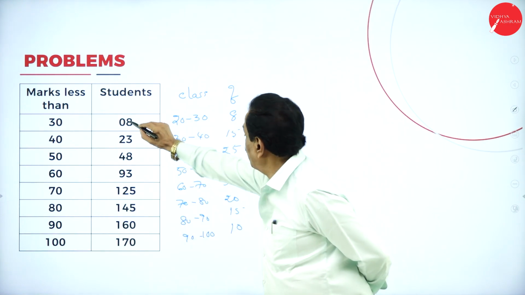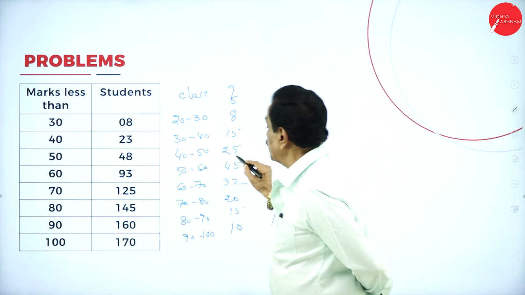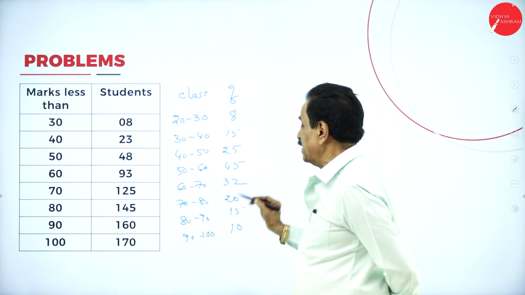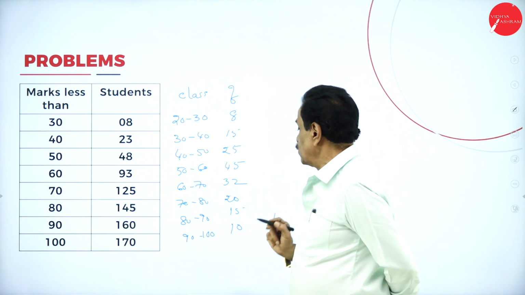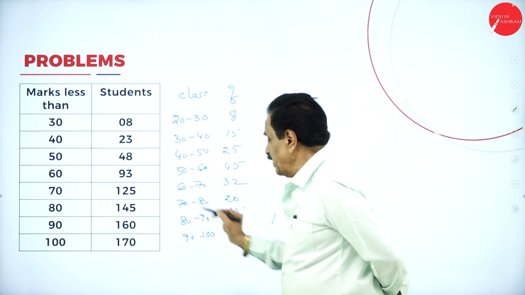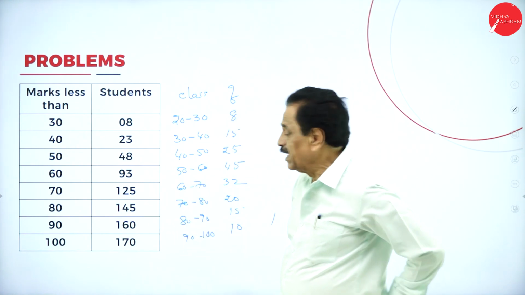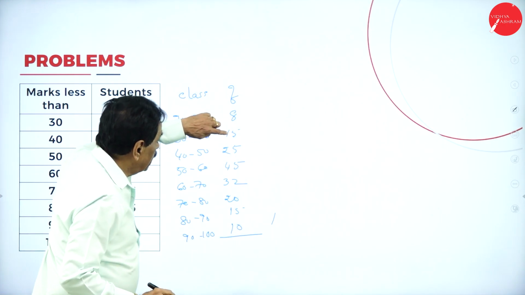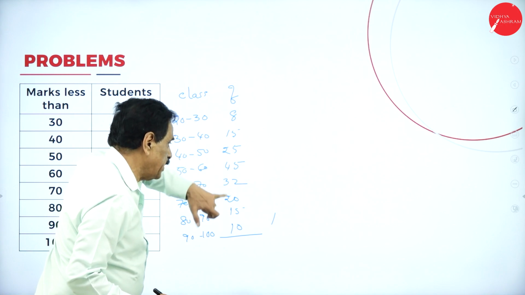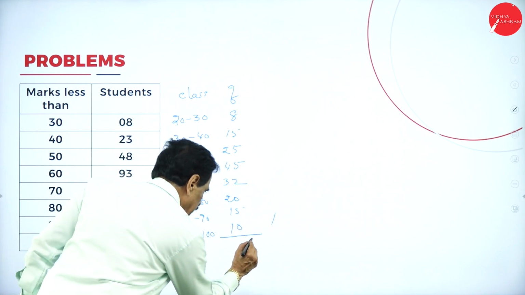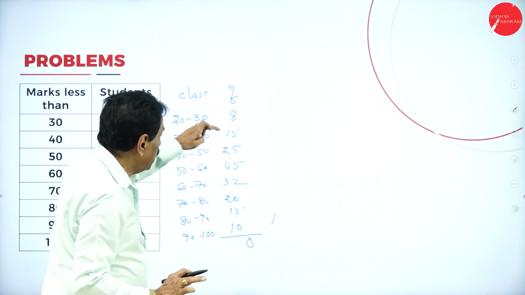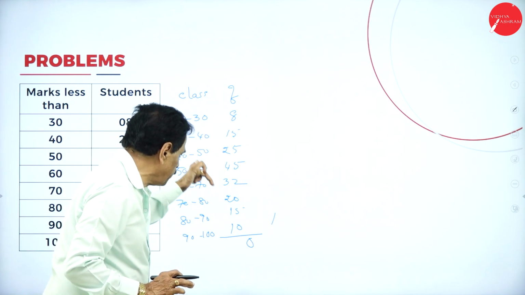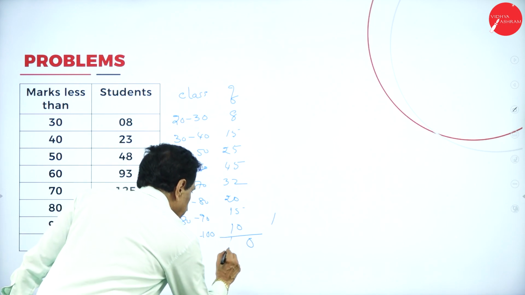What is the first number? 8. Difference is 15. This difference is 25. This difference is 45. This difference is 32. This difference is 20. This difference is 15. This difference is 10. Add the figure. 8 plus 5, 13, 18, 23, 25, 30. 3 carry. 3 plus 1, 4, 6, 10, 13, 15, 16, 17.